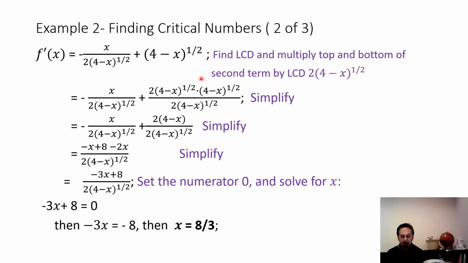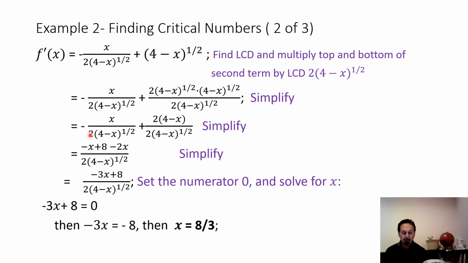Now we multiply (4 minus x) to the 1/2 with 2 times (4 minus x) to the 1/2, top and bottom. Now we can multiply further, then we get 2 times (4 minus x) to the 1/2 plus 1/2 is 1, and then divide by 2 times (4 minus x) to the 1/2. We just bring down as it is, negative x over 2 times (4 minus x) to the 1/2.